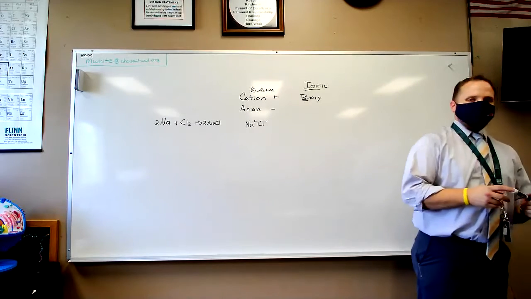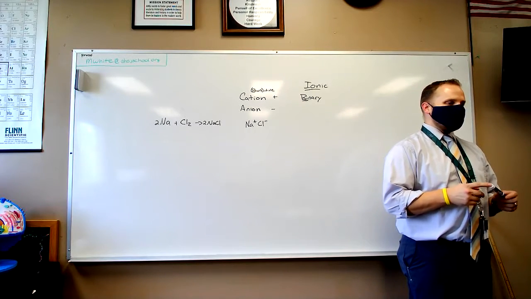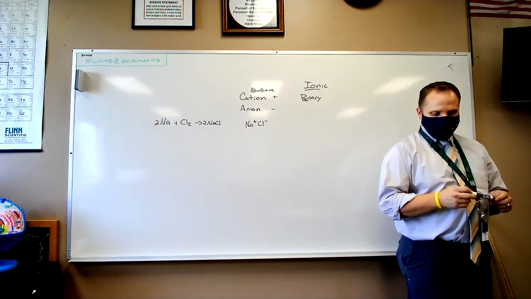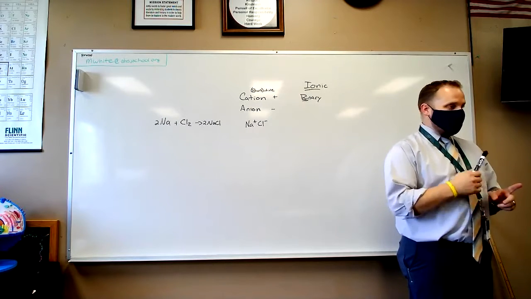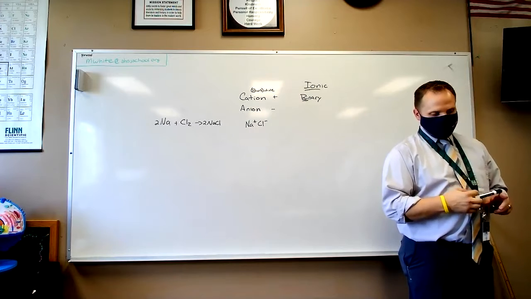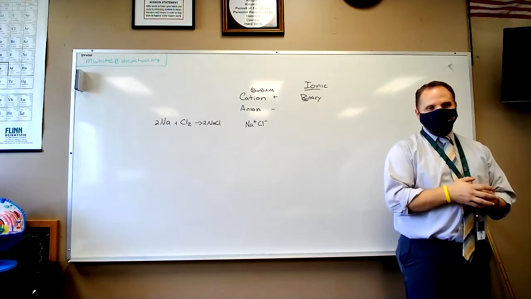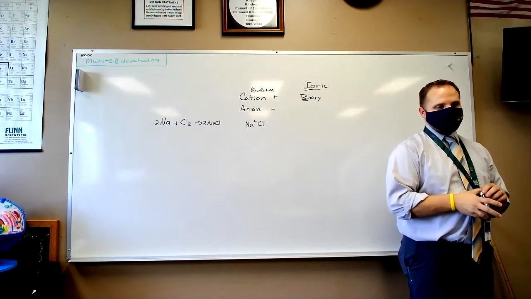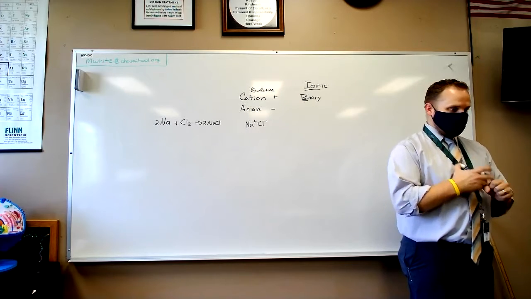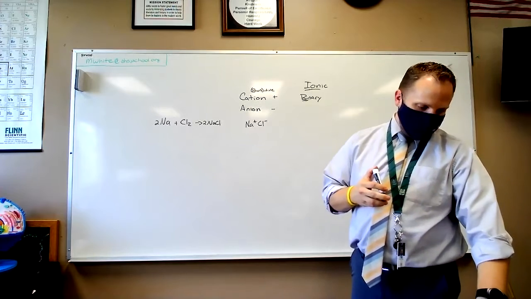Maybe we'll have to go into the lab and do that sometime, because it's kind of cool to see. As you can tell from the picture, it is very, very bright. That picture doesn't really demonstrate just how bright it is. But yeah, it's super, super bright. It's almost dark.